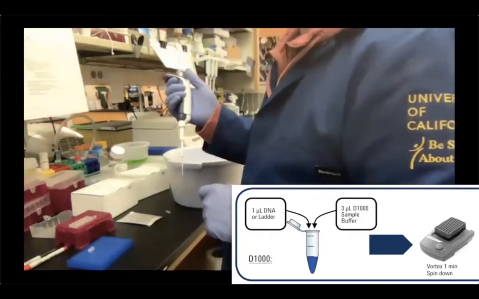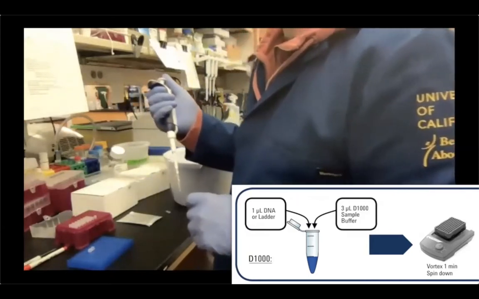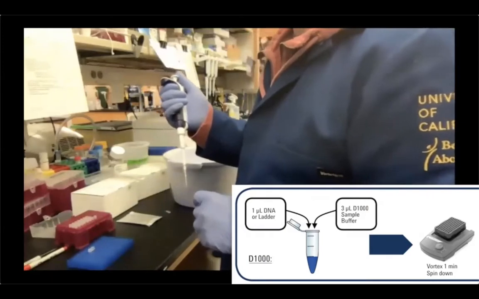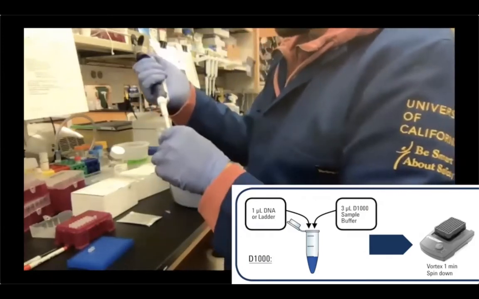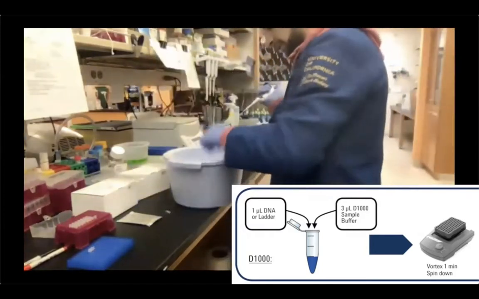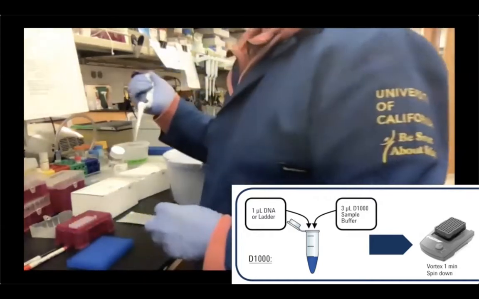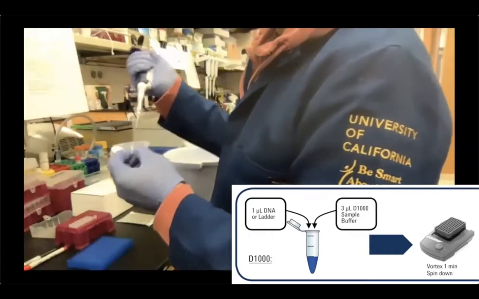If you want to visualize a smear, because the final libraries are going to look like a smear, as you'll see in a minute, on an ethidium bromide agarose gel, you need to load, I usually prefer to load about 70 to 100 nanograms, which is quite a lot for final libraries.